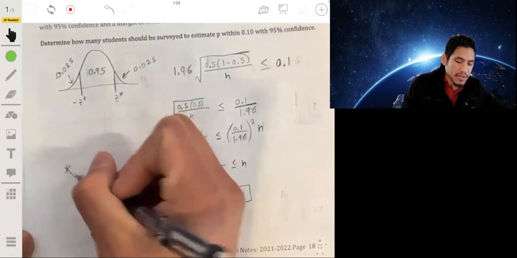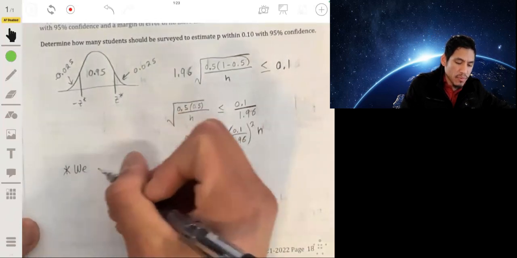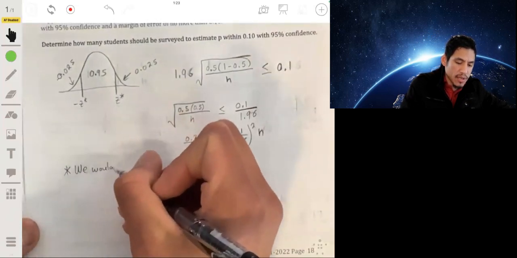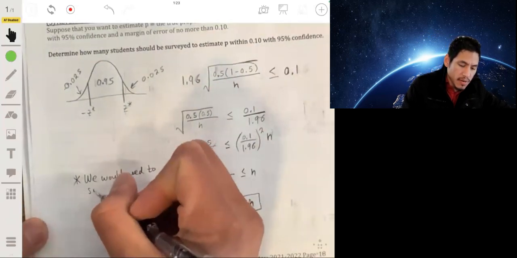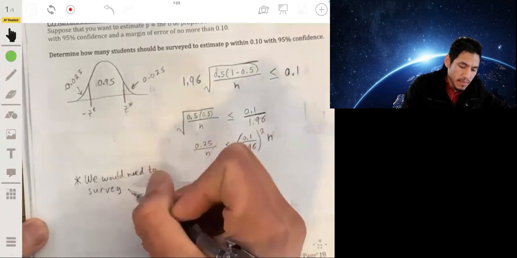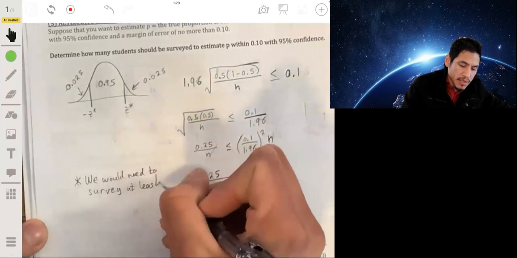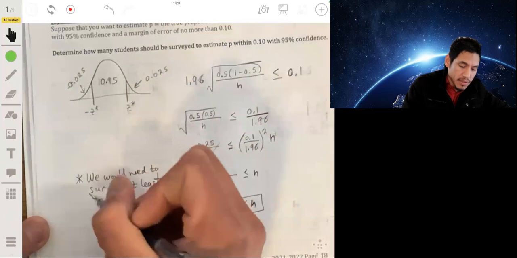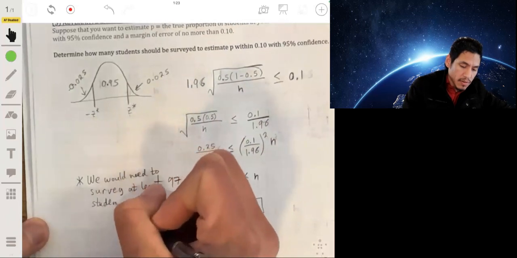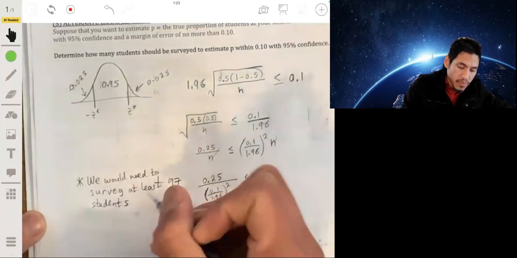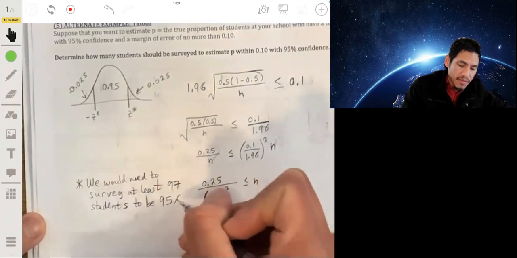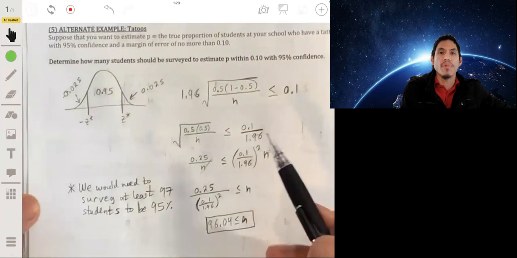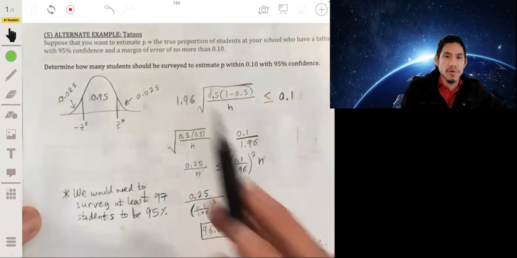So we would write our answer is that we would need to survey at least 97 students to be 95% confident that we're within 0.1 of the true proportion p.